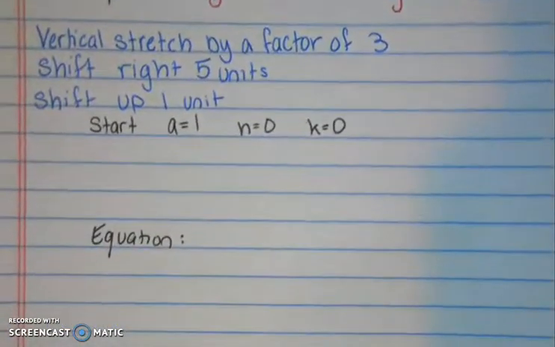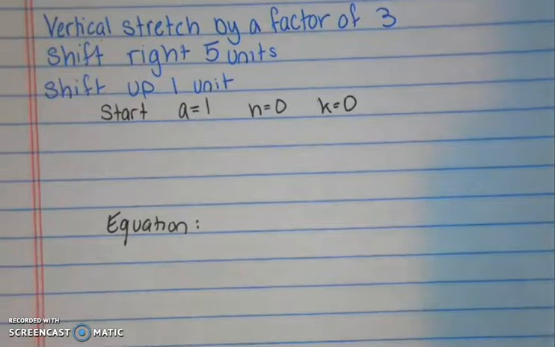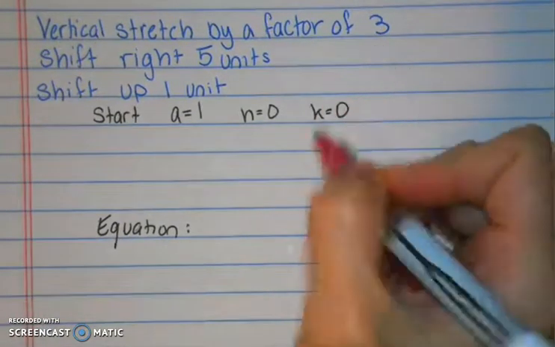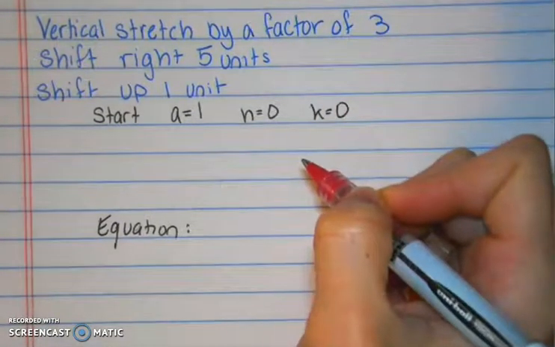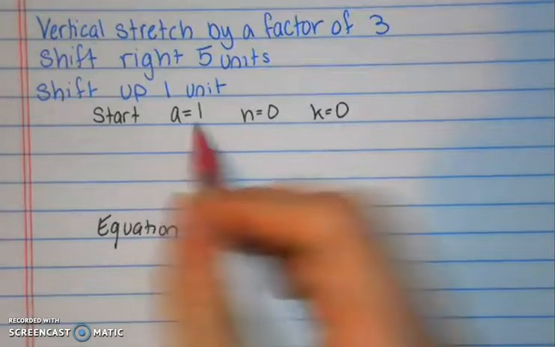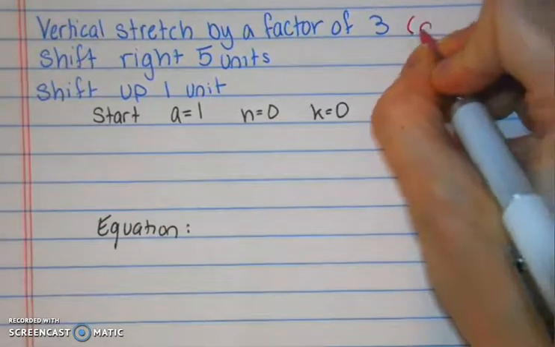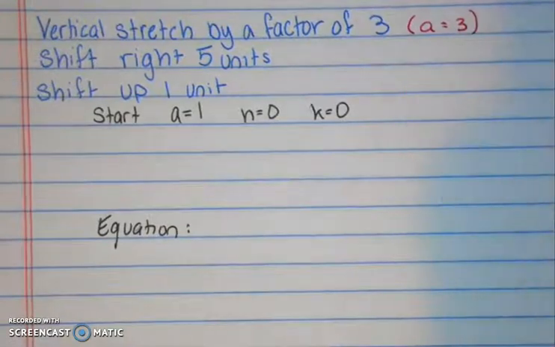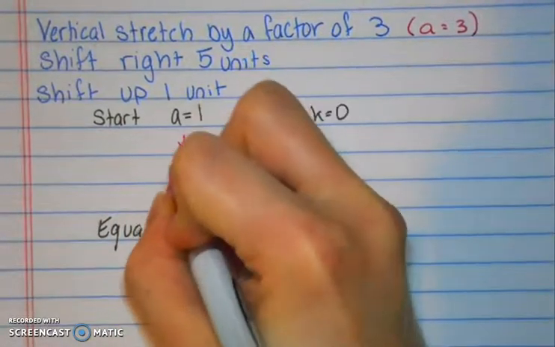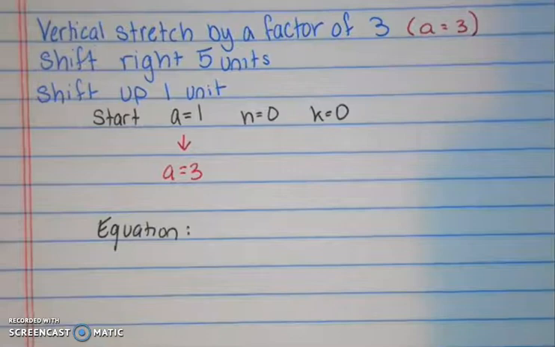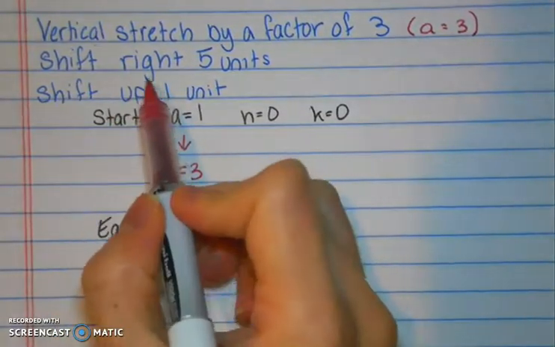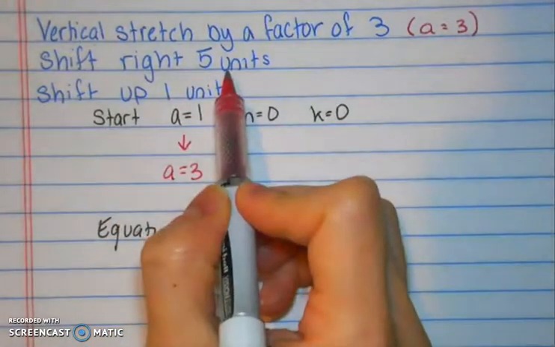We can try one more example. So we have a vertical stretch by a factor of 3. So that means that a must be 3. So I'm going to change a is 1 to become a is 3. Now I'm going to shift right 5 units.